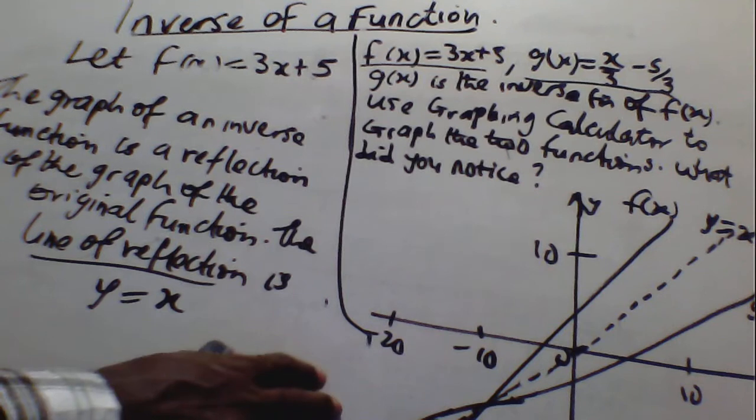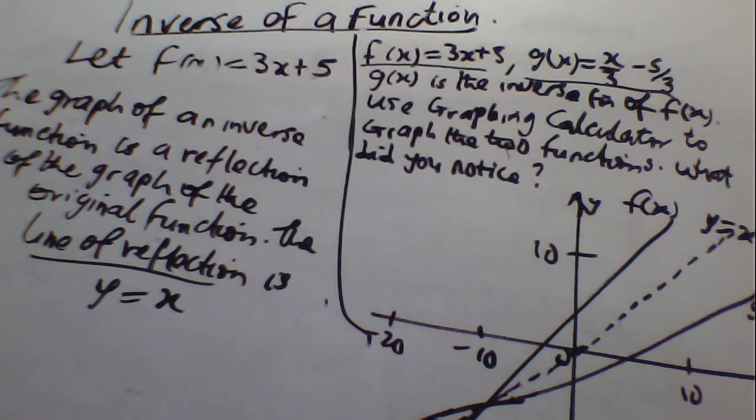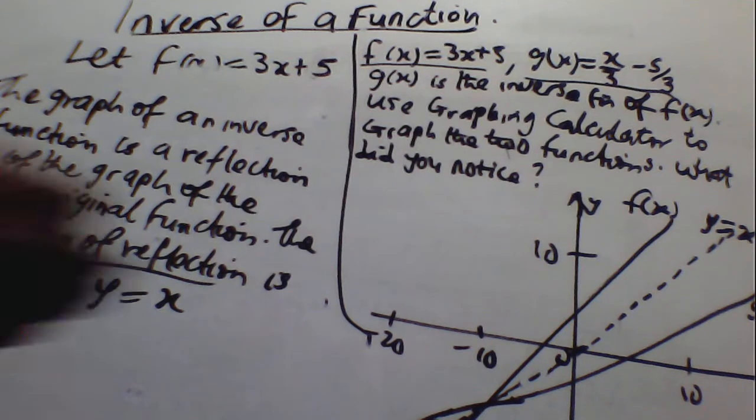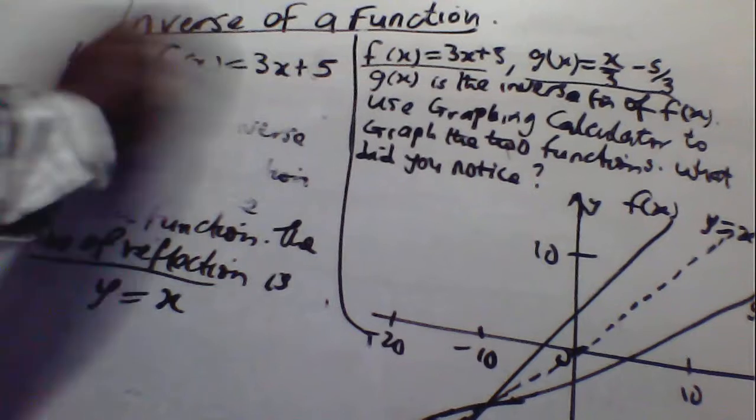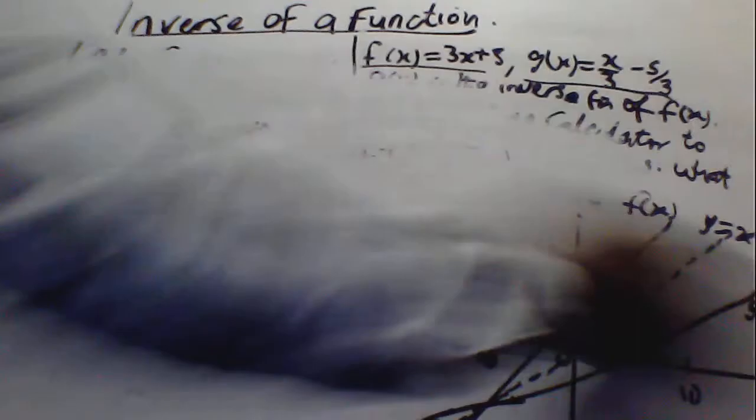There are other ways you can find the inverse of a function, not only by graphical method. You can as well do that by algebraic method. So let's proceed to solve an inverse of a function using algebraic method, and at the same time illustrating it graphically.